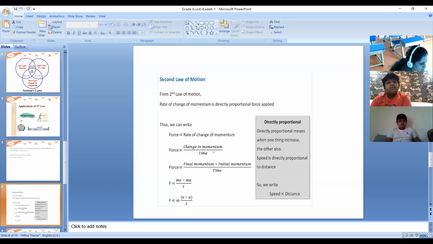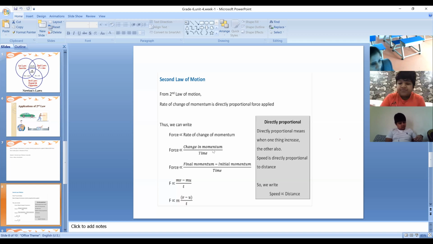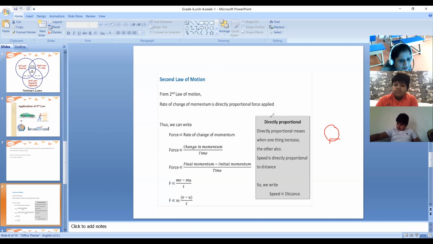I'll just show you. Suppose you take a big rock, and it is kept here. Now you are trying to move it.